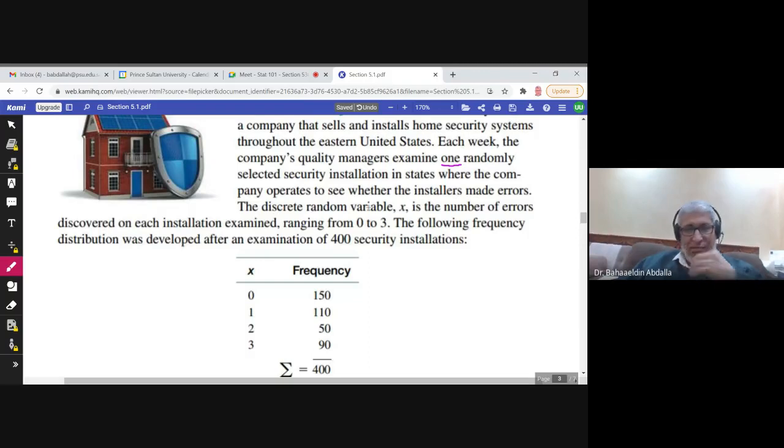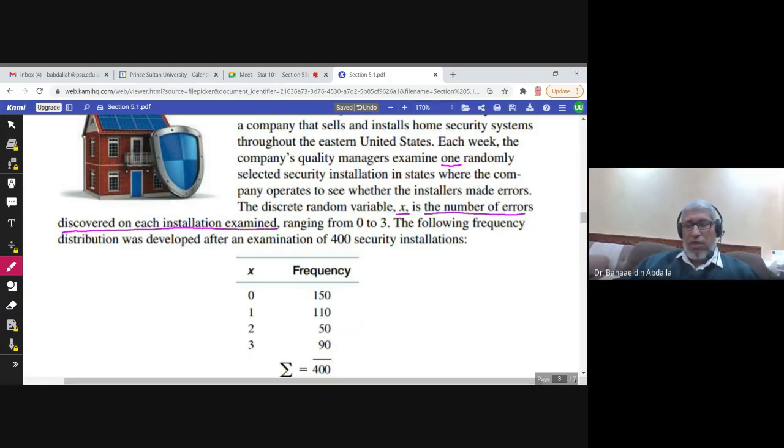The discrete random variable x. He needs to define x for me. What is the definition of x? The number of errors discovered on each installation examined.